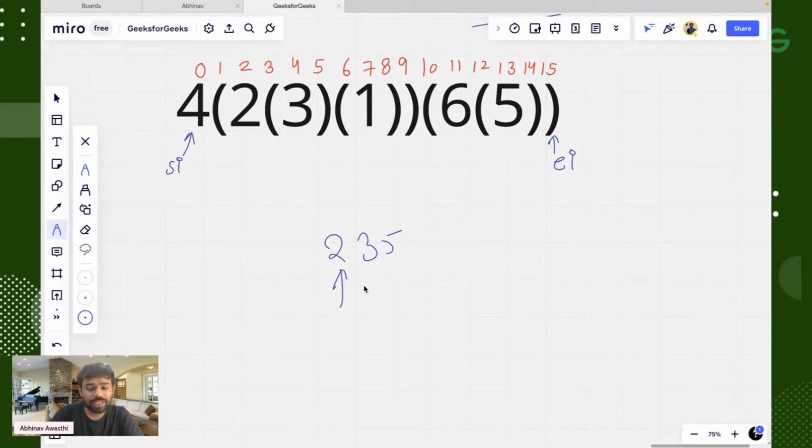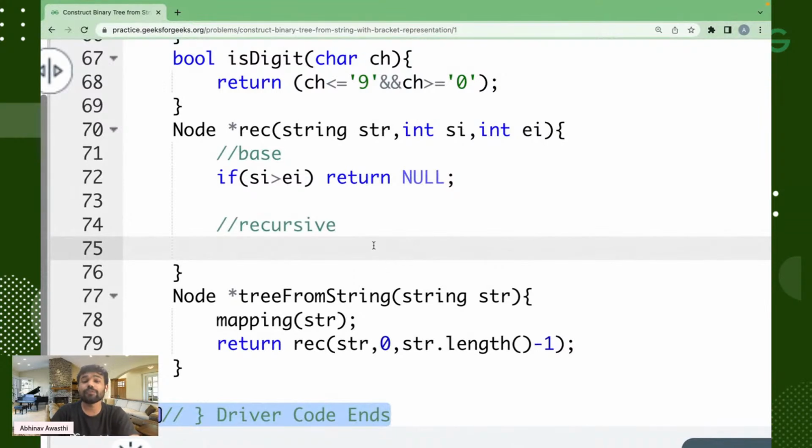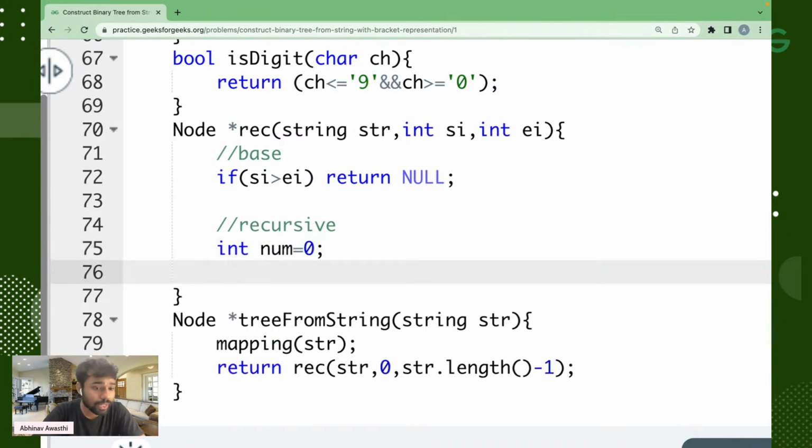So we will have 2, then 3, then 5. For this, we have to convert the character into a number, and then we have to add it. So let's take an int num and have a while loop. The while loop will run obviously till our si is less than str.length.